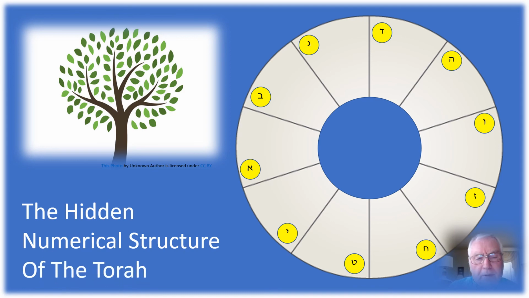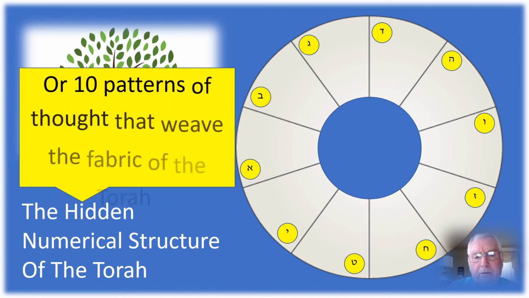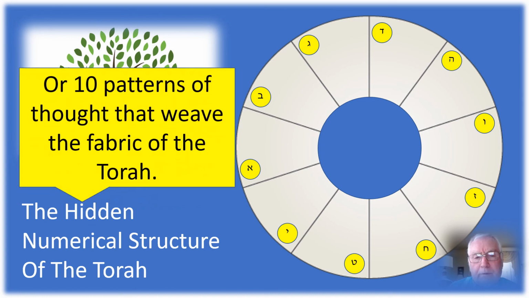The hidden numerical structure of the Torah, or 10 patterns of thought that weave the fabric of the Torah. The numerical structure of the Torah, 10 principles. Principle 1, the Creator is the foundation of everything.